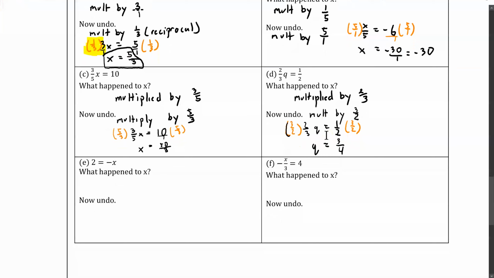Part E, we have 2 equals -x. So this will happen occasionally where we have x being multiplied by a negative. Whenever you have a negative sign in front of a variable, there isn't just a negative sign, but there's actually an invisible one. So I'm going to write that in. Oops, I'm going to use red for that. So whenever you have a negative sign, in front of the variable is also a 1.